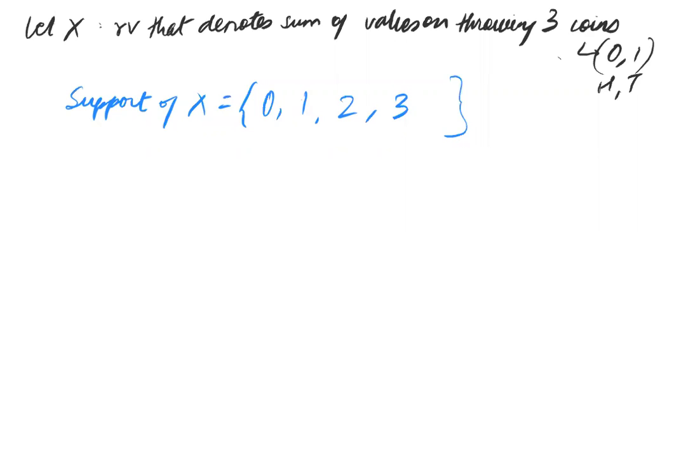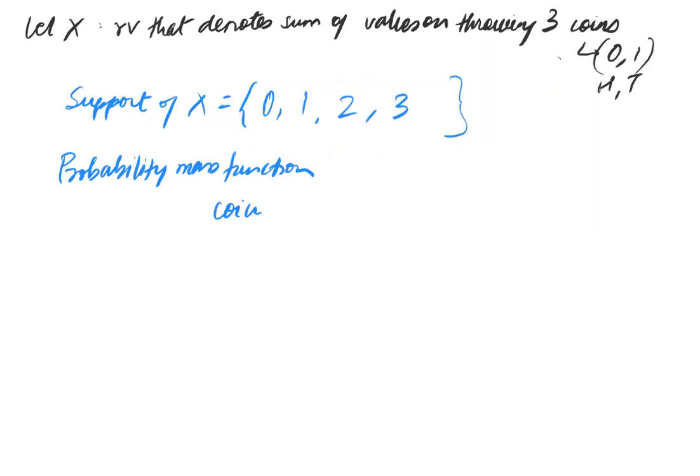Then let's find the probability function, the probability mass function. Each side of the coin has exactly half probability of occurring.